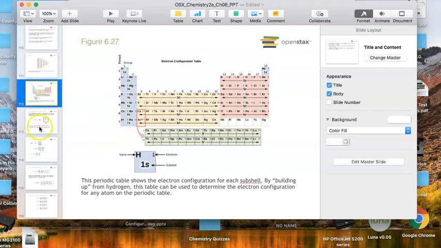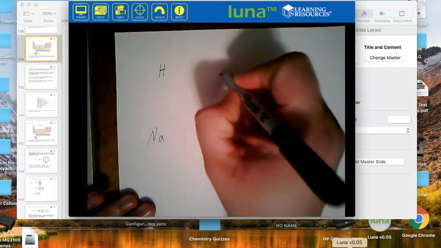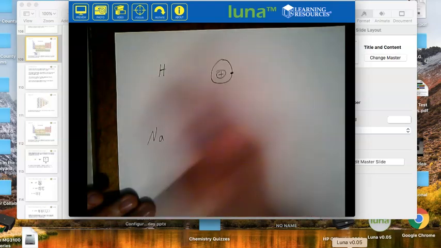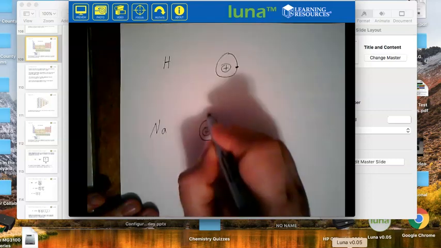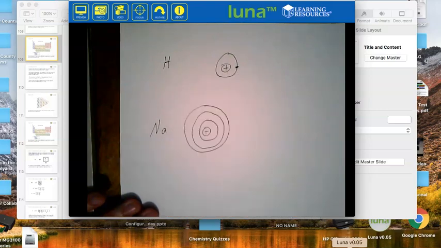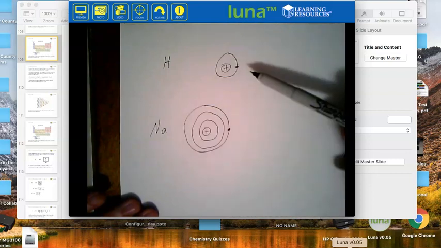Hydrogen, we know it has one proton and one electron. And then sodium has 11 protons, so it has 11 electrons, so 2, 8, 1. So it has 3 shells, with one valence electron, while hydrogen has 1 shell.